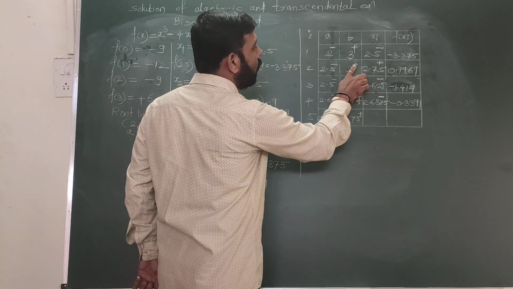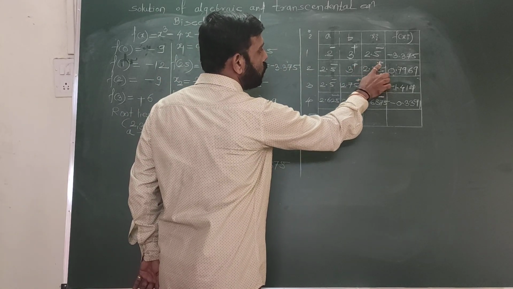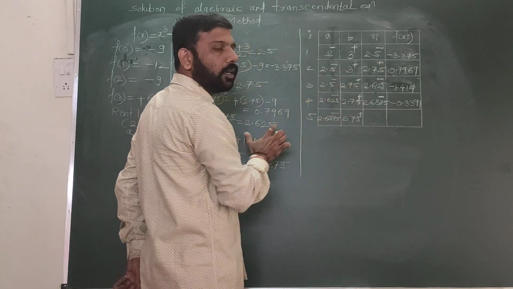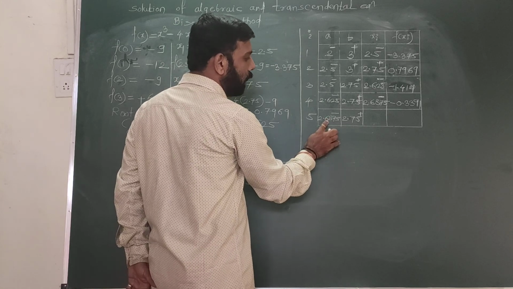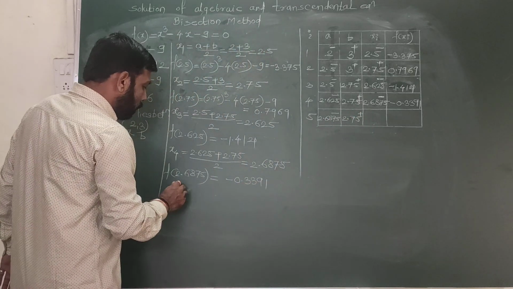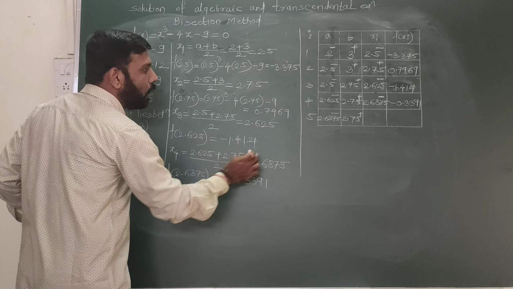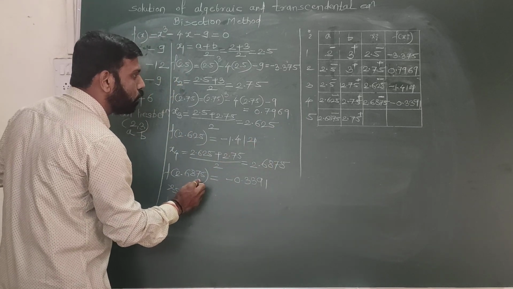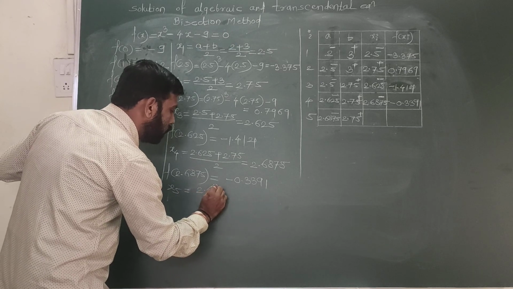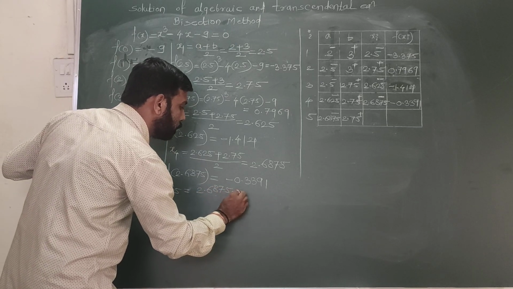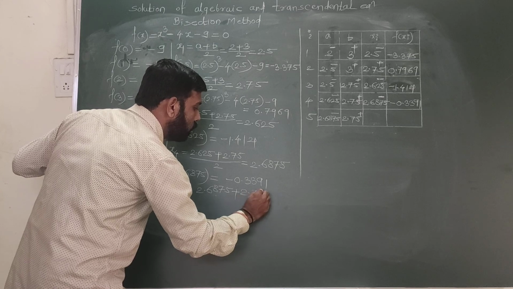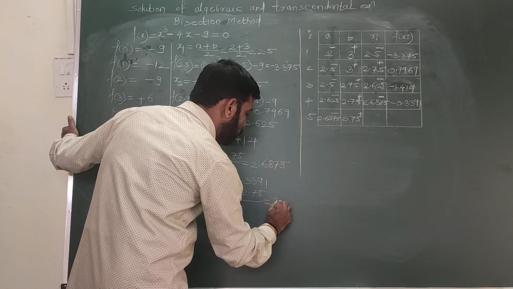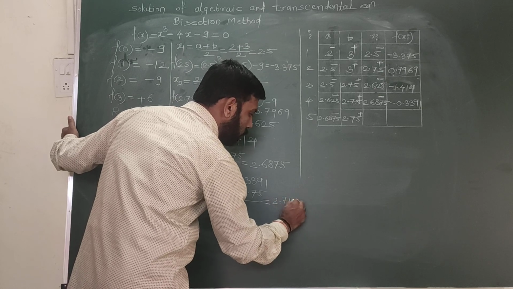Here we are not taking any same symbols, plus and minus they are opposite, only those numbers we consider as A and B. Next we calculate x5, and after the calculation the value of x5 is 2.6875 plus 2.75 divided by 2, which equals 2.7187.